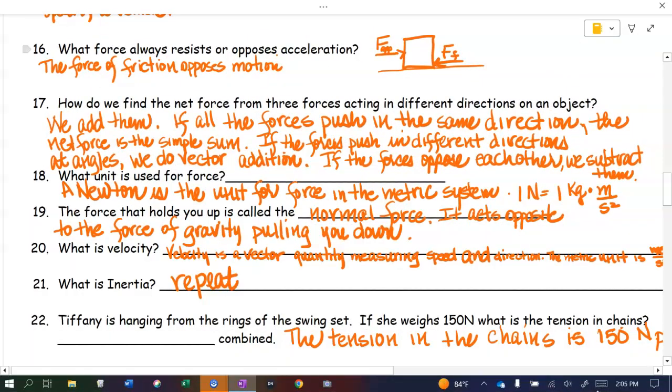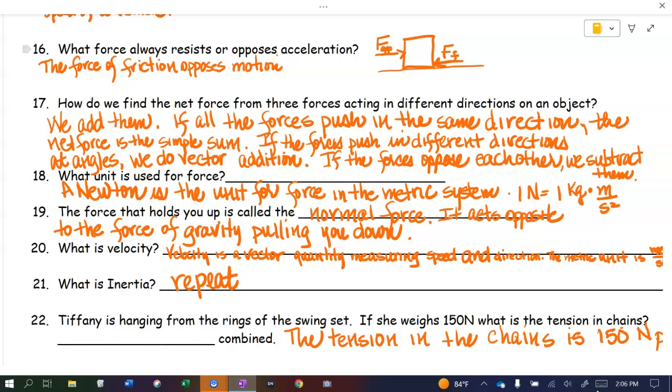That's its definition. All right, how do we find the net force from three forces acting in different directions? Well, we add them. If all the forces push in the same direction, the net force is the simple sum. If the forces push in different directions, at angles, we do vector addition to figure that out. And if the forces oppose each other like friction, we subtract them.